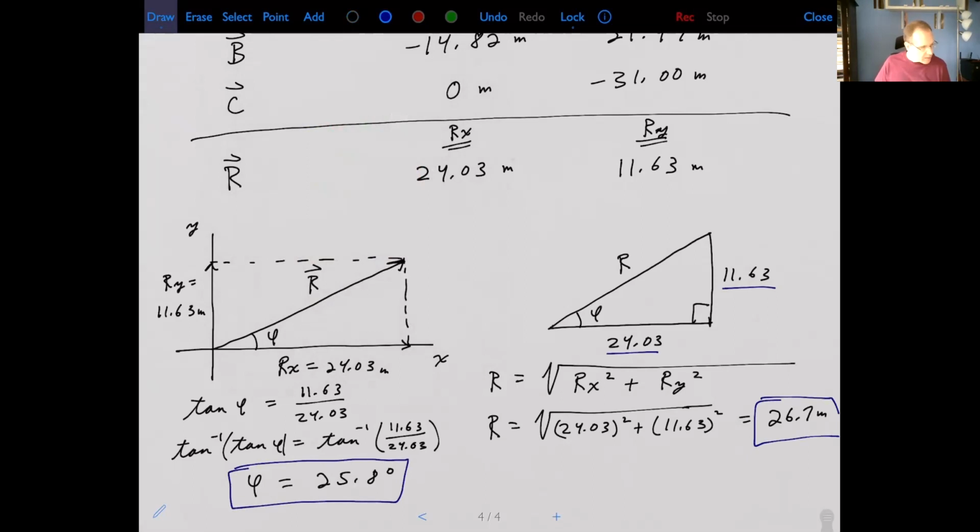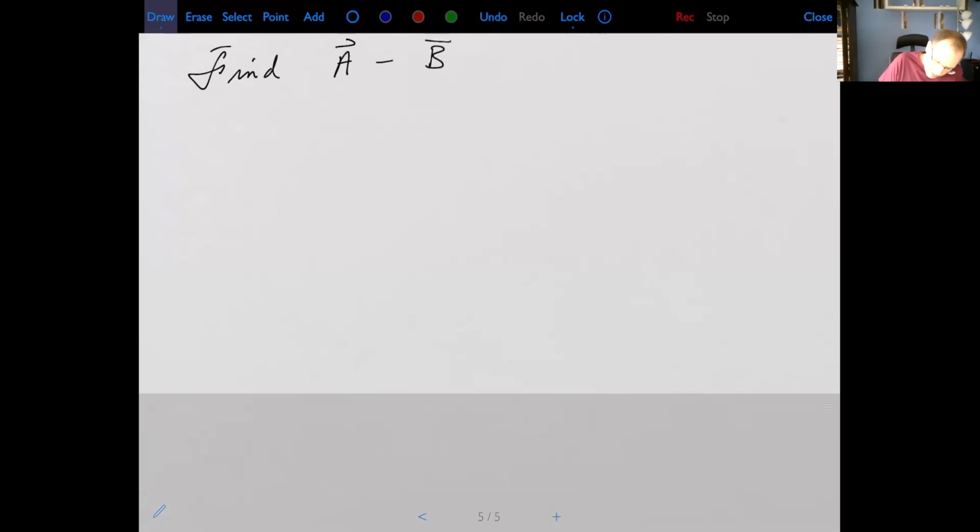Let's do one more thing. Let's find the difference between vector A and vector B. I want to find vector A minus vector B. Let me call it W, so W is going to be A minus B. The question is, how do we subtract vectors?